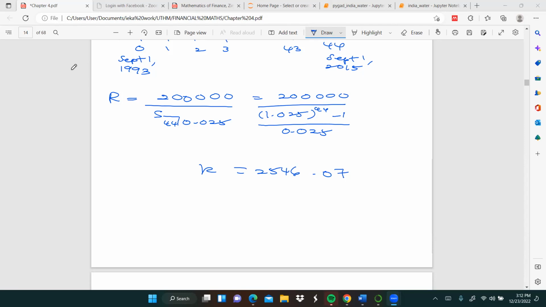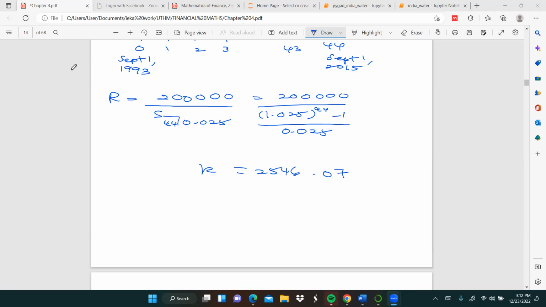So just masukkan dalam formula yang sama, this is 1 plus I to the power of 259 minus 1 divided by I. So we have 430.